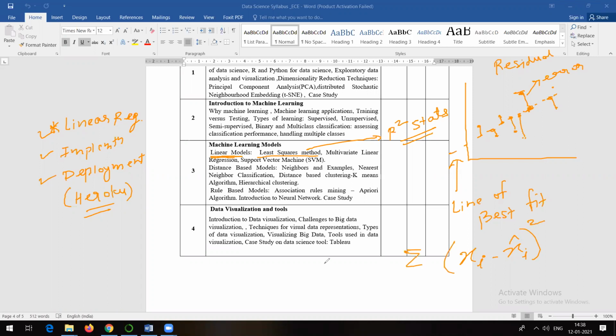This is the formula of R square statistic: summation i equal to 1 to n, where n is the number of records, and i varies from 1 to n. In our case there were 500 records, so i varies from 1 to 500. Summation of xi minus xi cap, where xi is the original value and xi cap is the predicted value, divided by n minus 1.